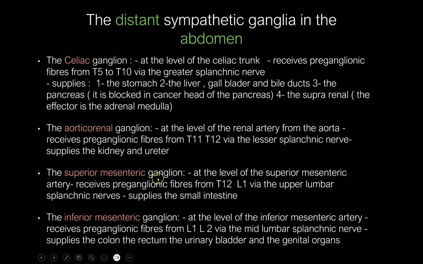And we have the superior mesenteric ganglion following the superior mesenteric artery, arising from D12 and L1, called the lumbar splanchnic, and supplying the small intestine and the proximal part of the large intestine. And the inferior mesenteric ganglion from L1, L2, what we call the lumbar splanchnic, supplies the colon, rectum, urinary bladder, and genital organs.